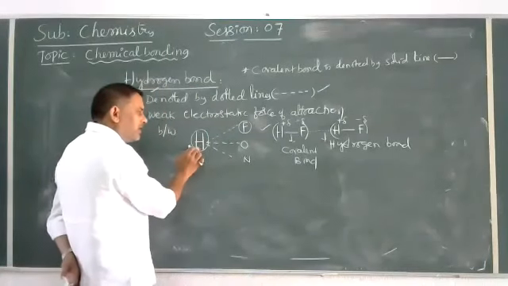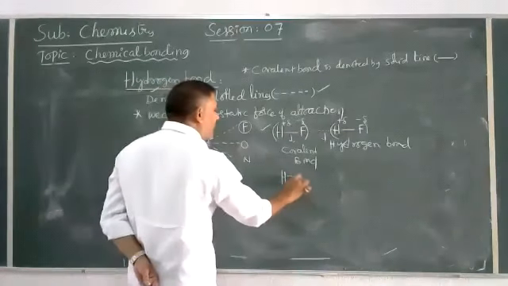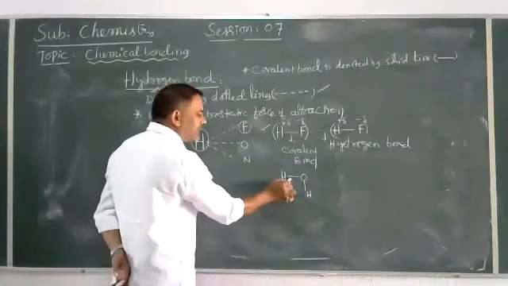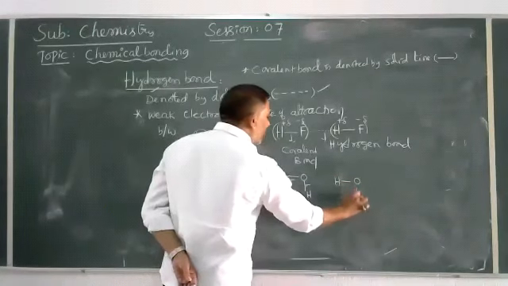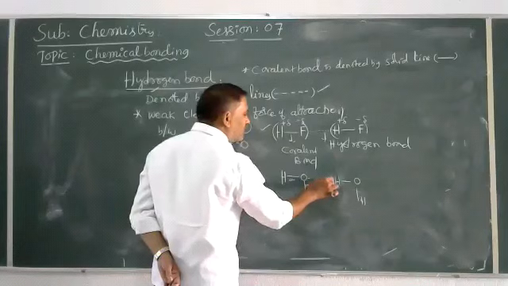Similarly, hydrogen and oxygen, like in a water molecule, these are sigma covalent bonds. And between another molecule of hydrogen and oxygen, there exists one bond called a hydrogen bond.